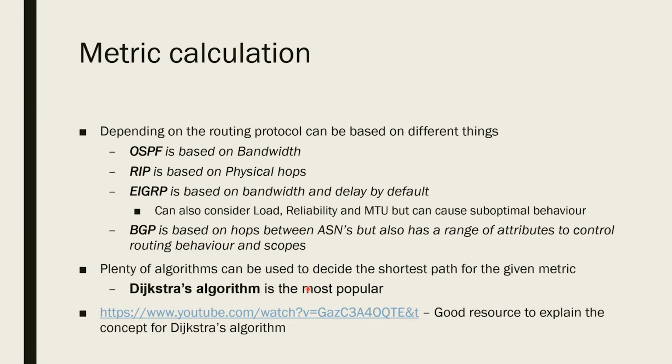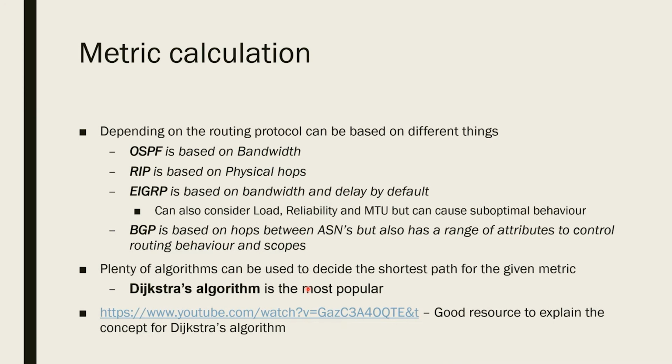Now, I could spend another 30 minutes going on about what that is, how it works, and I would probably make a mistake somewhere. So that video is a really good explanation of that algorithm without me stumbling my words and getting it wrong. So if you're interested in understanding how we actually calculate those different paths and the actual best path, give that a watch, and it'll be well worth your time.